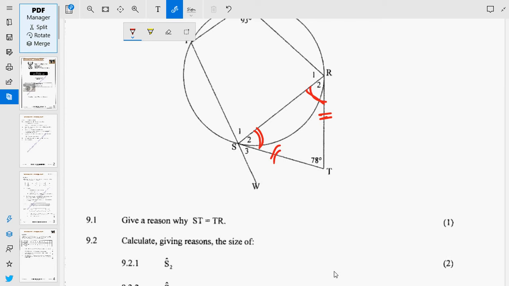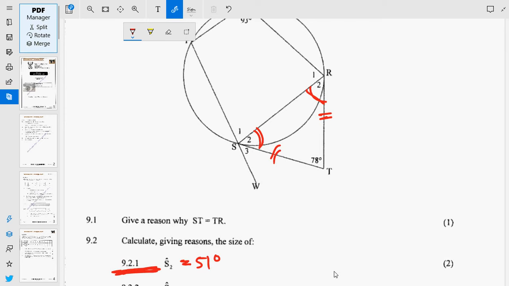So the next part of the question, they're asking us to calculate S2. Now, this is an exam review. I will spell out the reasons, I will articulate them, but in an exam, you have to write each and every reason. Now S2 will be equal to 51 degrees.